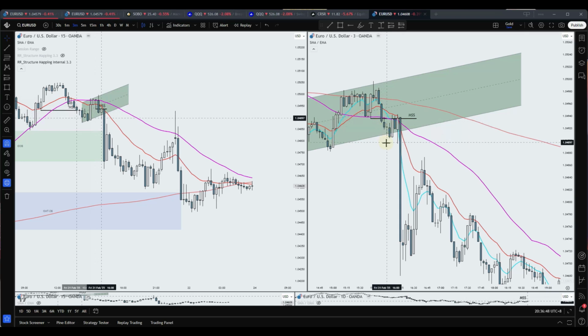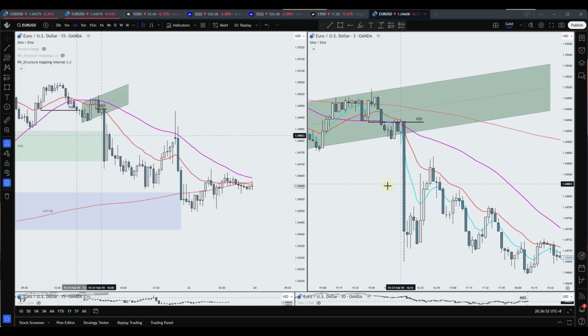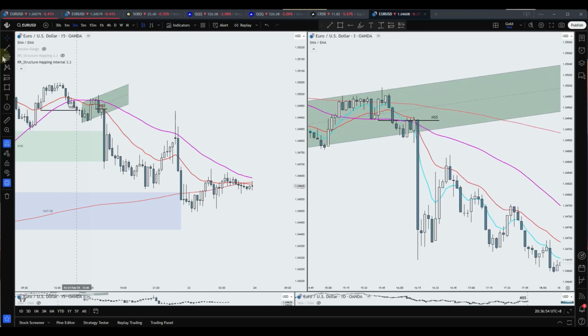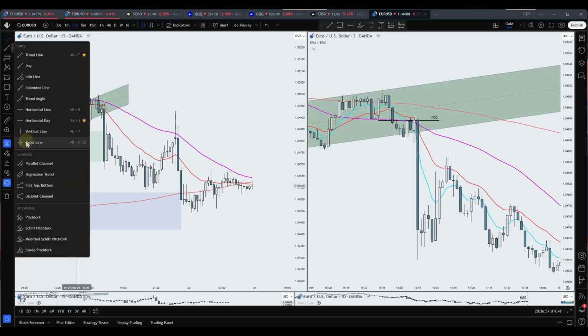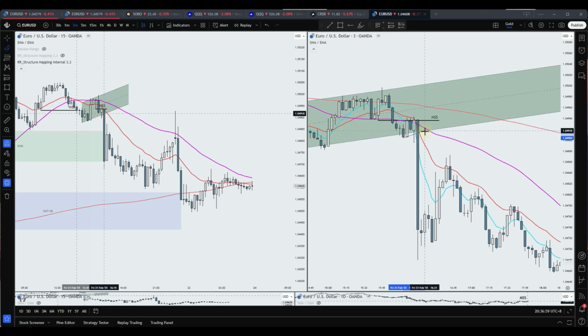Okay, and now you got the pullback again, and I'm not going to take you further lower, but honestly these are also again buyers after the market structure shift into the moving averages here. And you can go one time frame further lower and you can diminish these buyers and then you can sell somewhere here. But I don't recommend you to go more and more and more lower.